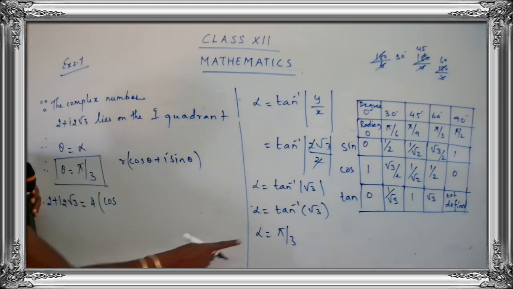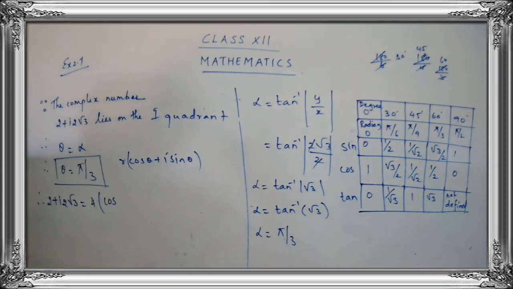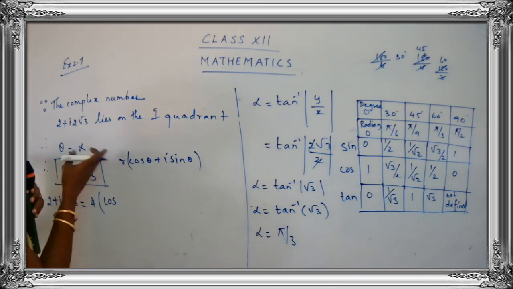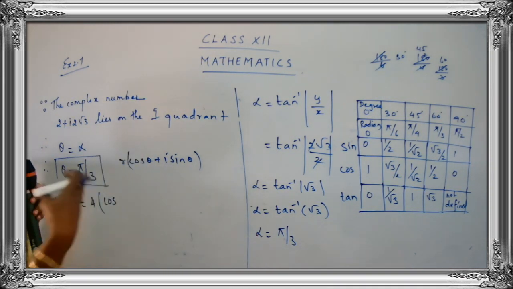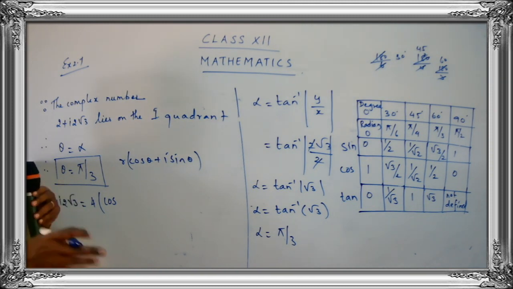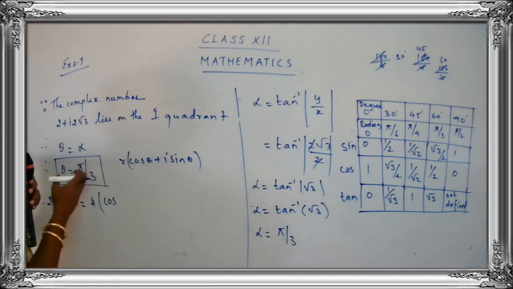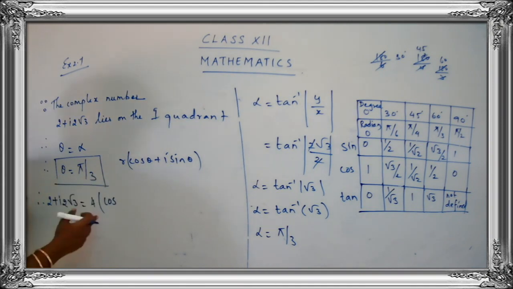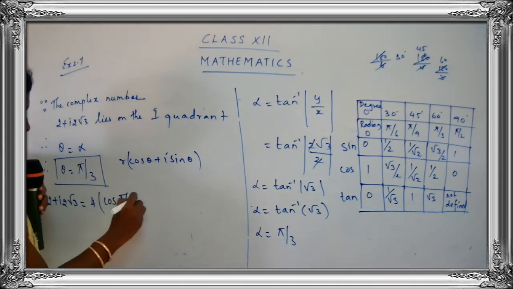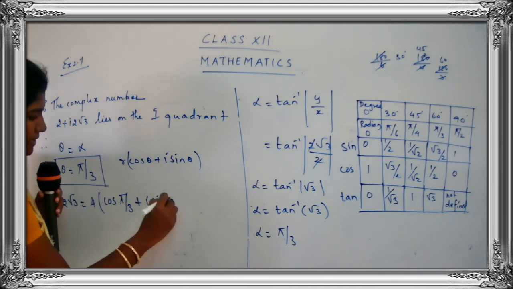You do not just close your eyes and write alpha and theta to be the same. Here theta is equal to alpha because it is lying in the first quadrant. If it is lying in the second quadrant, you have to take pi minus alpha. If it is lying in the third quadrant, alpha minus pi, and so on. Okay, children? So the value changes. So since this is in the first quadrant, I can take the same value as alpha. So cos of pi by 3 plus i sin pi by 3.